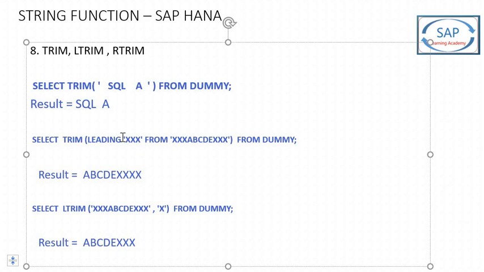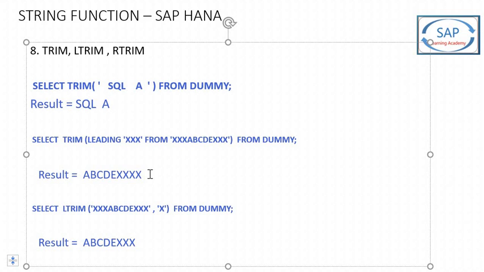Like here you can see that I have written a statement like select trim leading, then some character from your main string. So that's your main string, and from here you are actually removing the value called x from that string.